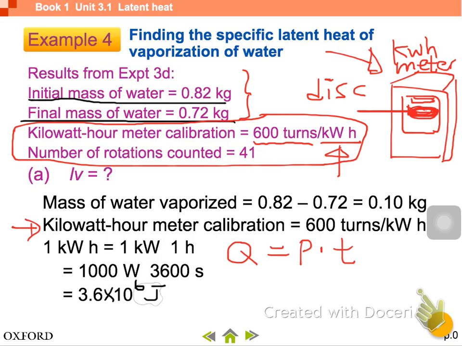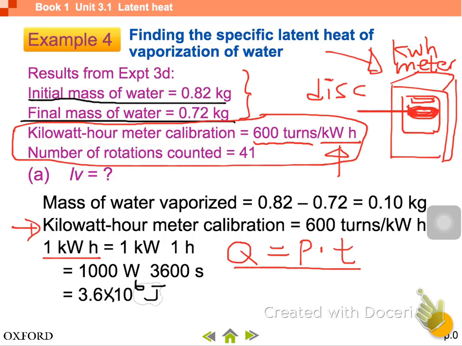So therefore you can see how we measure the energy by using the kilovolt hour meter. First, Q equals power multiplied by time.